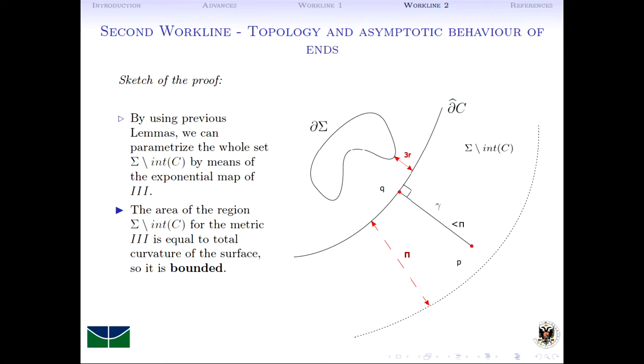That curve is the border of the compact set C, containing within the compact boundary of the surface. That area is equal to the total curvature in that region, and so it is bounded. By the Hilbert theorem, we get parabolicity and finite topology.